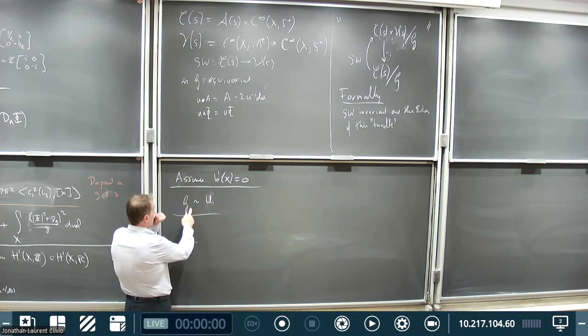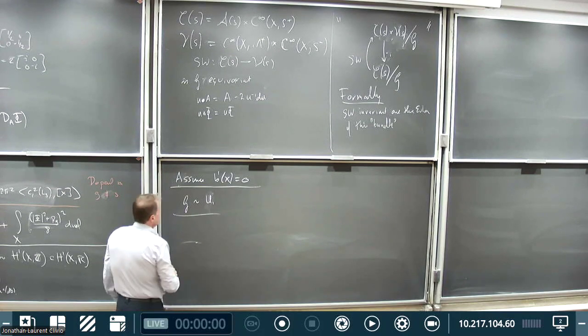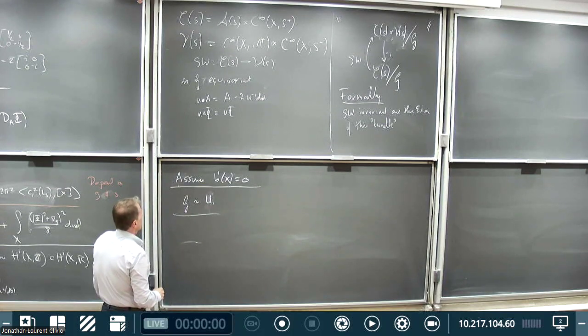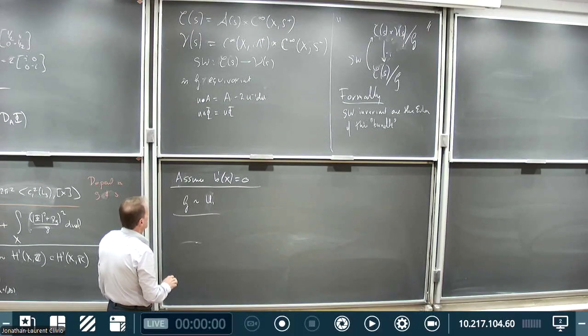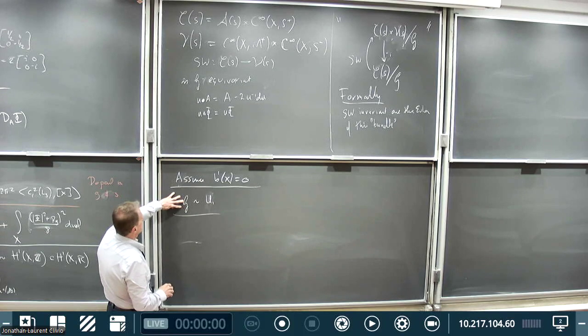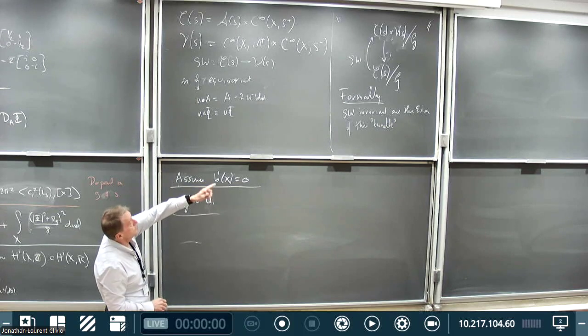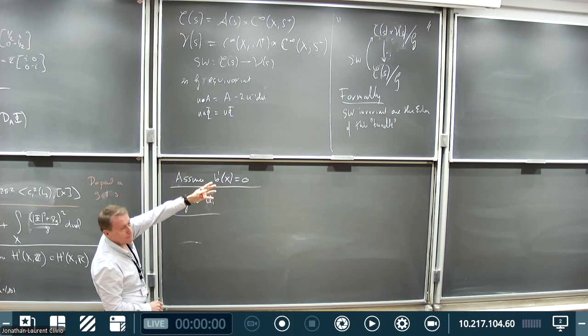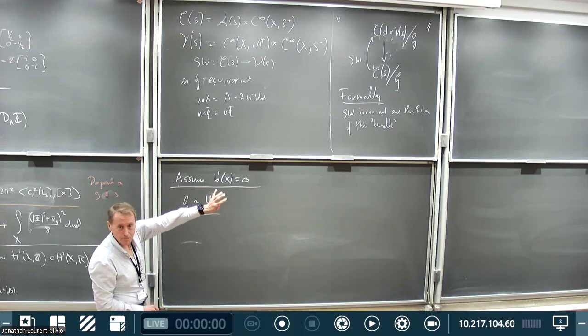But anyway, what we're going to do now is replace this infinite dimensional quotient by a quotient by a finite dimensional group that carries exactly the same information.